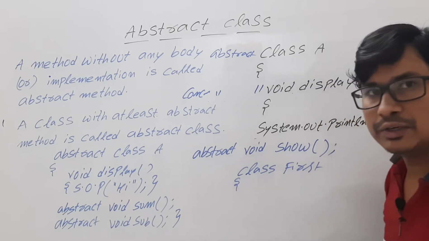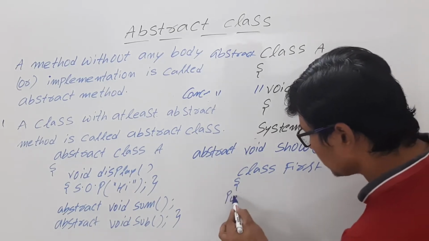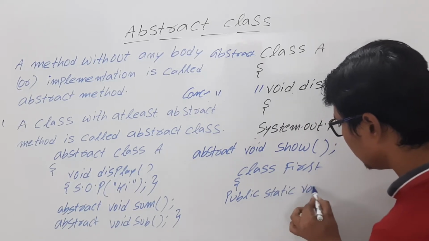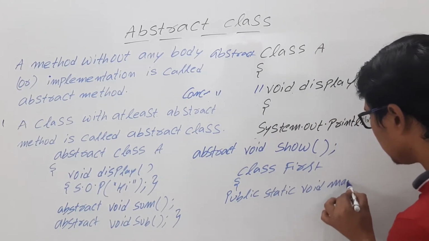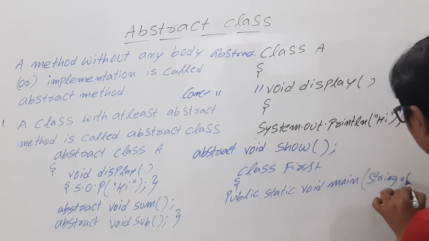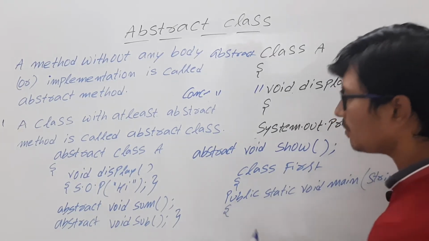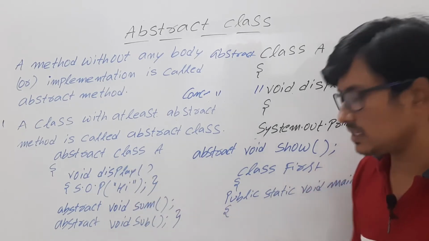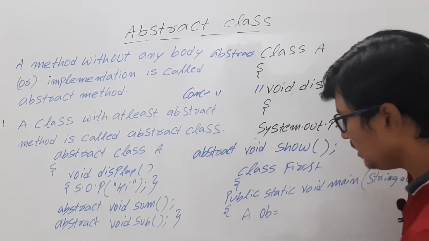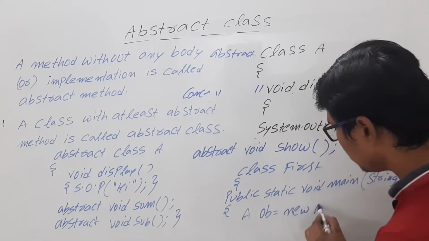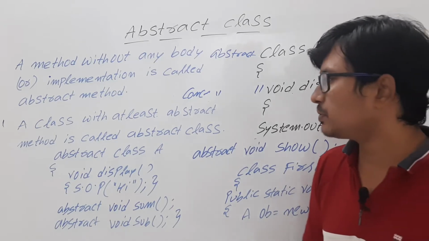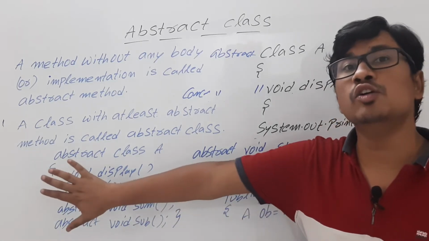I need to write public static void main, String array args. And if I'm trying to create an object for the class A, class name object is equal to new class name, then it will give an error. For an abstract class, you cannot create any object.